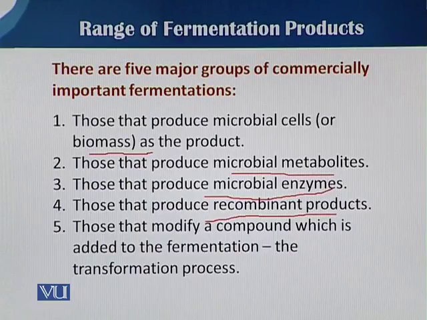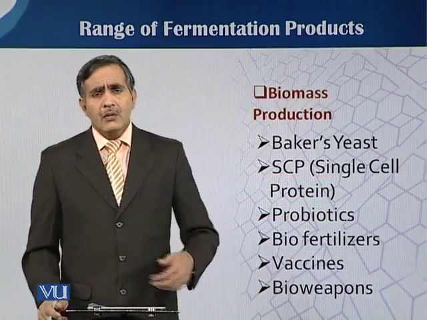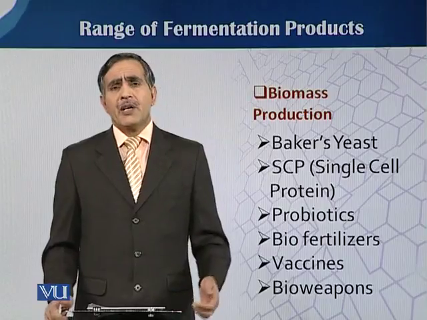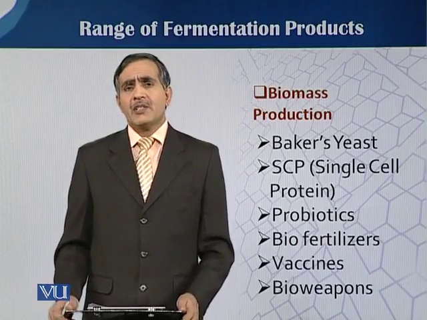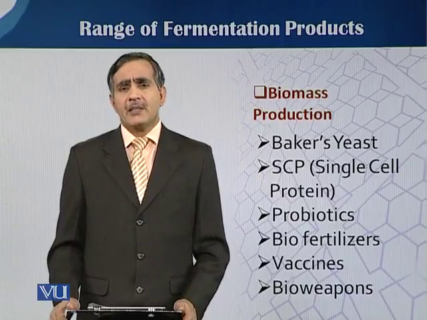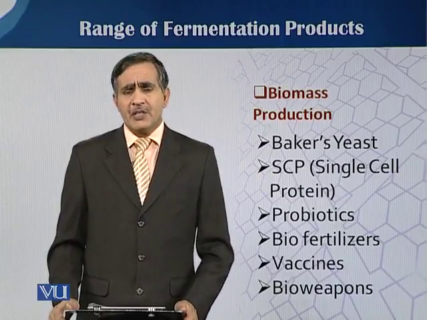And the fifth and last is biotransformation. Through biotransformation, there are a number of products which we can produce by the fermentation process. So let's see one by one: biomass production, metabolite production, enzyme production, recombinant products, and biotransformation products.